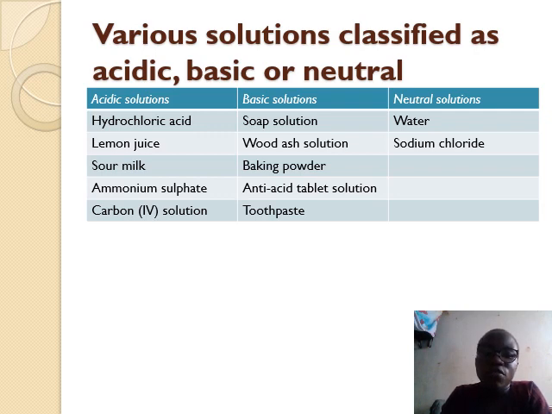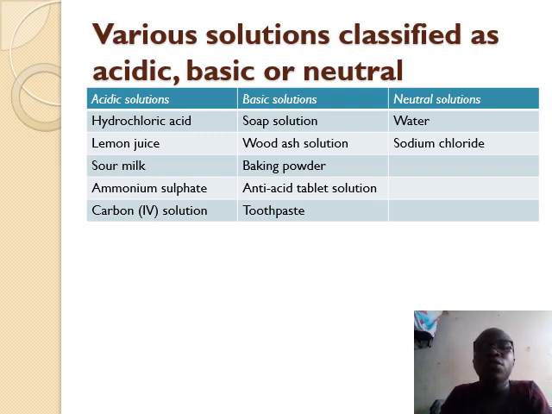Then for acidic solutions, we have hydrochloric acid, lemon juice, sour milk, ammonium sulfate, and carbon dioxide solution. Carbon dioxide solution forms weak carbonic acid, so it's a weak acidic solution.